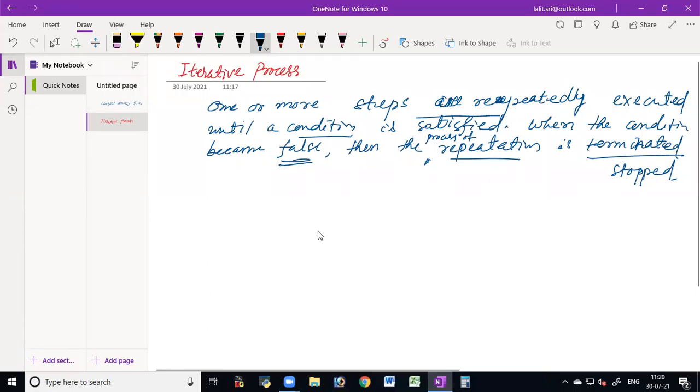Suppose I want to write an algorithm to display your name 10 times. Do you write the display statement 10 times? That means the same statement is repeatedly done. Suppose I am displaying the name Subham. Display Subham.